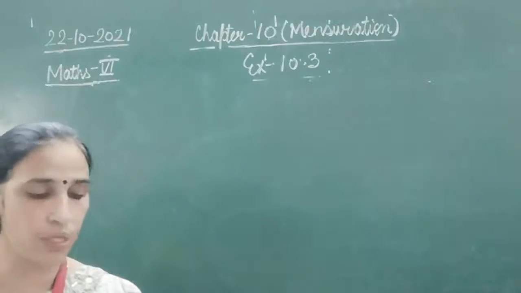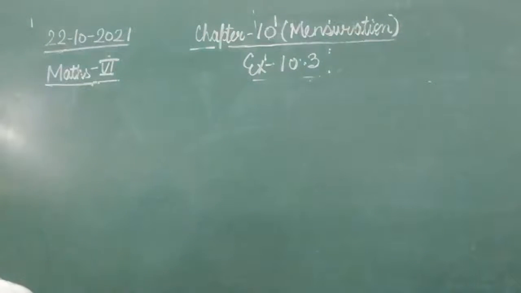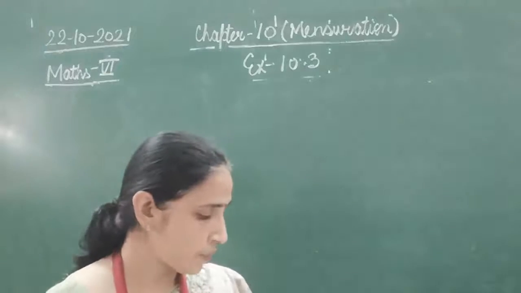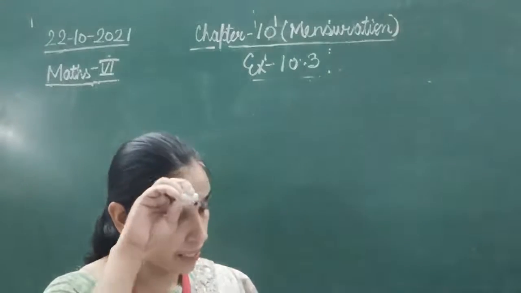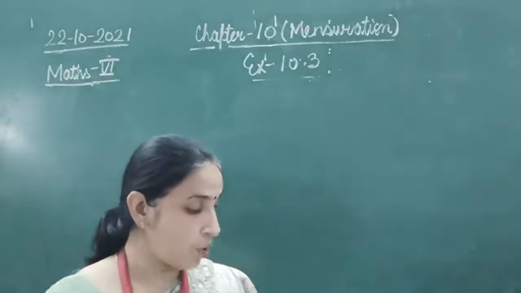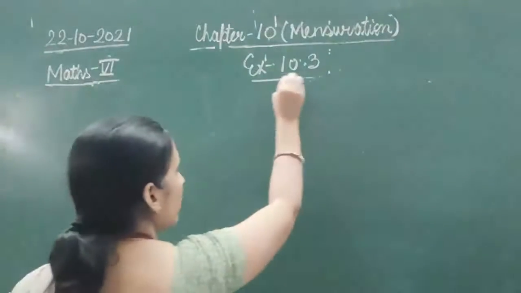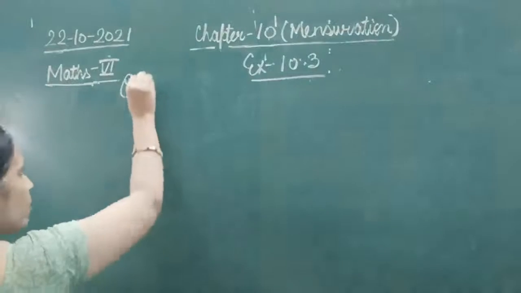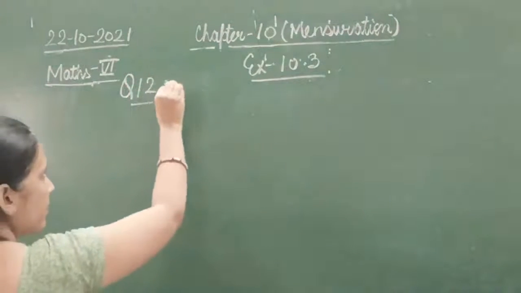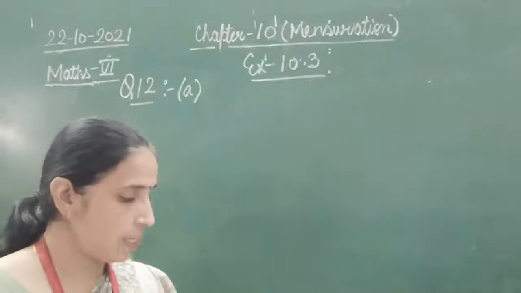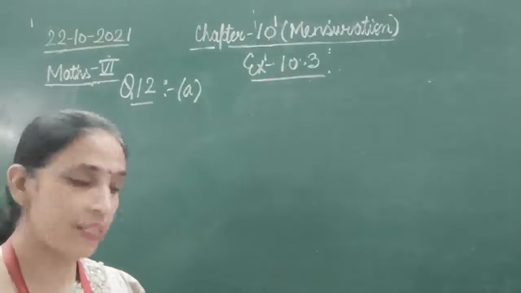How many tiles whose length and breadth are 12 centimeter and 5 centimeter respectively will be needed to fit in a rectangular region whose length and breadth are given. Now there are two parts of this question, question number 12. Let's understand the first part. The length and breadth of a tile is given.